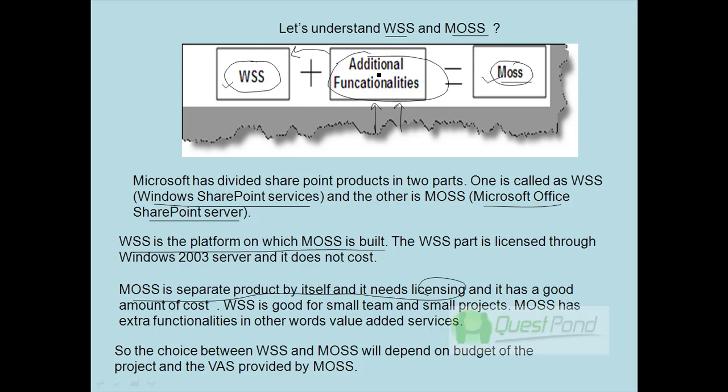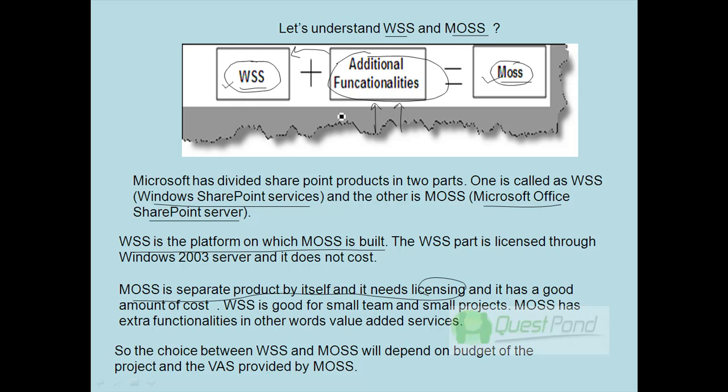So how do you make a choice between WSS and MOS? First thing, budget. In case your requirement specifies that the budget is this much, and they don't want to budget for MOS, then definitely you need to use WSS.